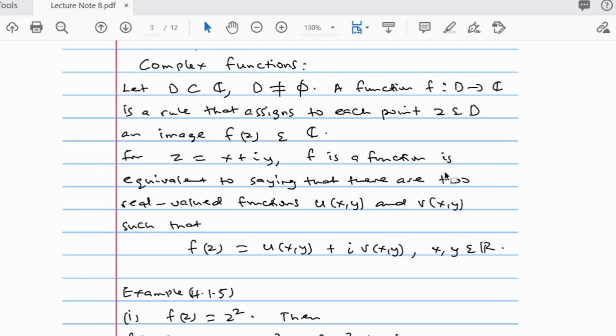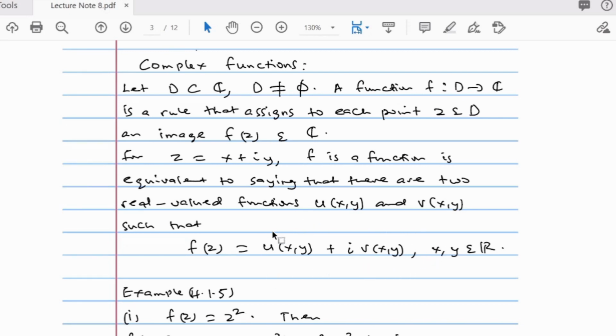So F being a function is equivalent to you having two real functions, U of X, Y and V of X, Y, such that for every complex function over this domain we always have a real part and an imaginary part. F is a complex function means we can always write two real-valued functions. The first one is U of X, Y. The second one is V of X, Y, such that F at any point in the domain can be written as the real part, U of X, Y, plus i times the imaginary part, V of X, Y.